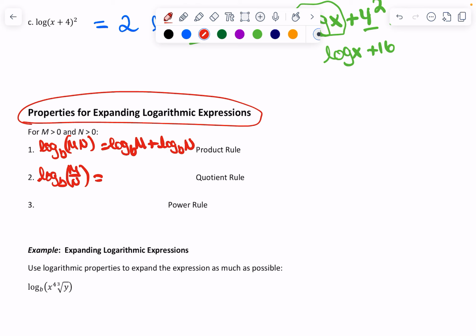That's the quotient, the division, so that becomes a subtraction: log base b of m minus log base b of n. The m on the top is first, and then we subtract whatever's on the bottom, the n. Then we have the power rule, log base b of m to the power of p. We can bring the p to the front and keep the rest: p times log base b of m.